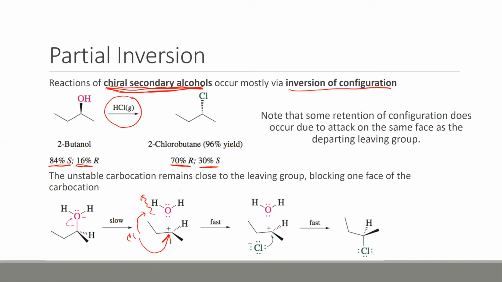So the side that was previously occupied, for example, if when bonded this was an S, if our chlorine attached on that same side, we would still have an S. If our chlorine attached on the opposite side, we now have an R. And because this water can sometimes be in the way, it's more likely that we do have this inversion, that it goes to the R side or to the opposite side in general.